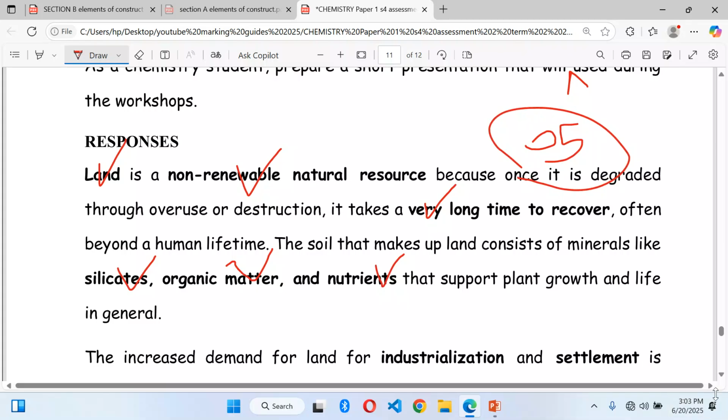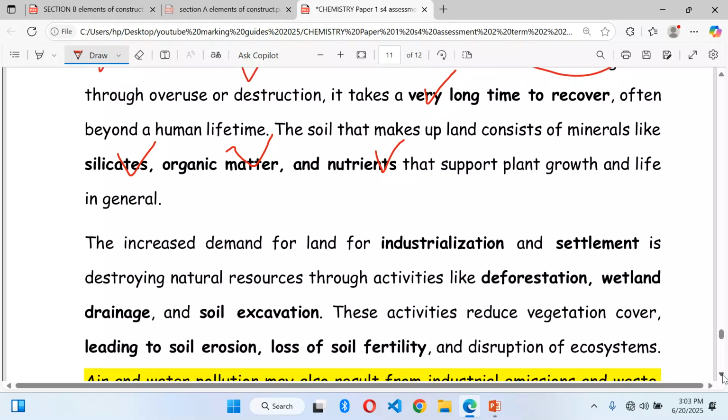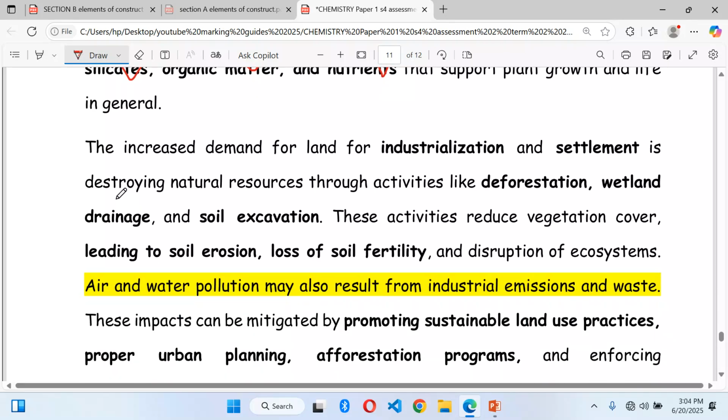Then you go to the second paragraph, which is talking about the human activity. The increased demand for land for industrialization and settlement is destroying natural resources through activities like deforestation. So this industrialization, which is the human activity, is encouraging deforestation, wetland drainage, and soil excavation.